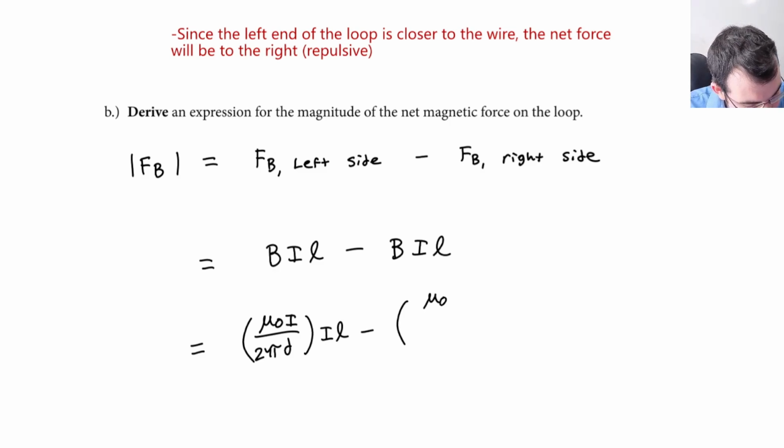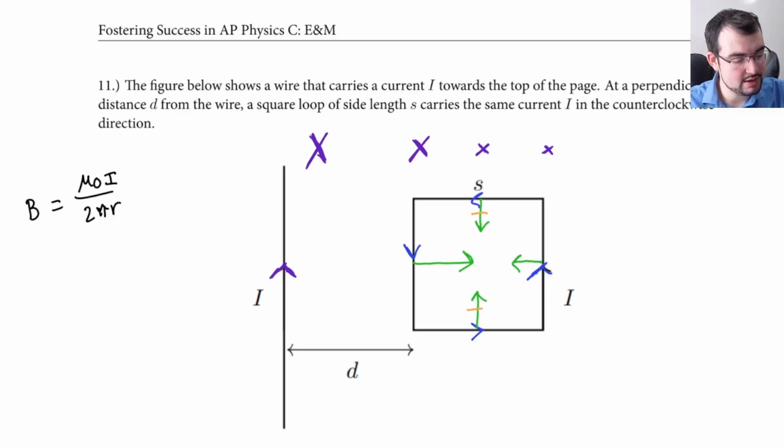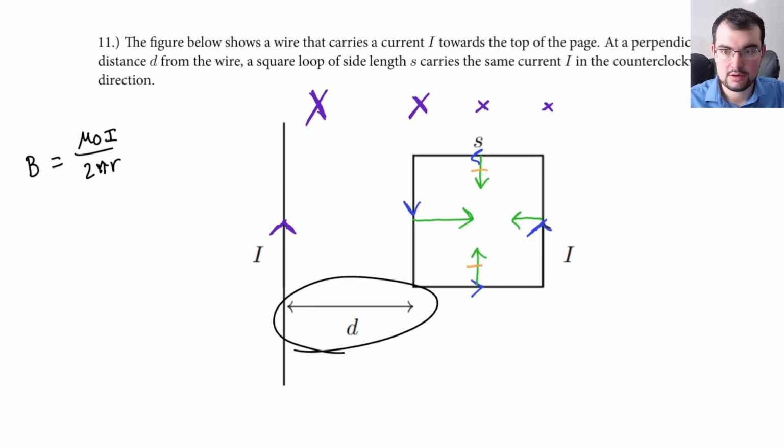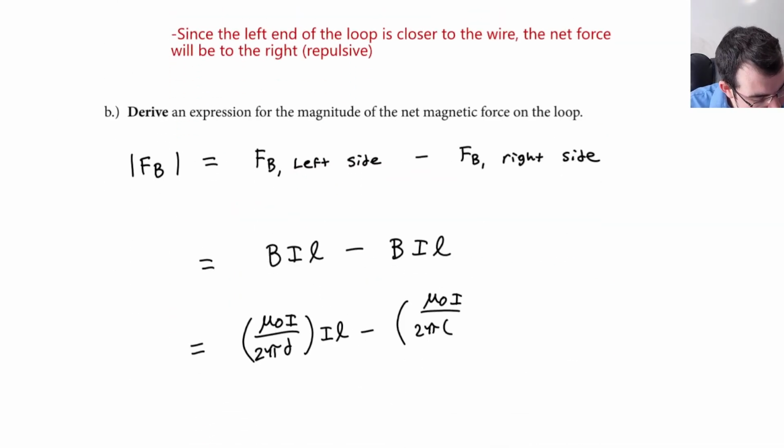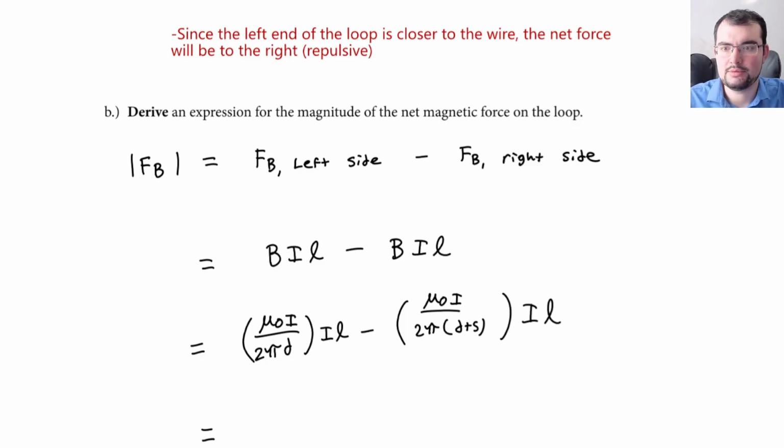And then this is why the forces don't cancel, because the field is not the same. Because it's not d, the other side of the loop is d plus the entire square side length s away. d plus s goes there. And now we can factor out a lot of things here, actually.